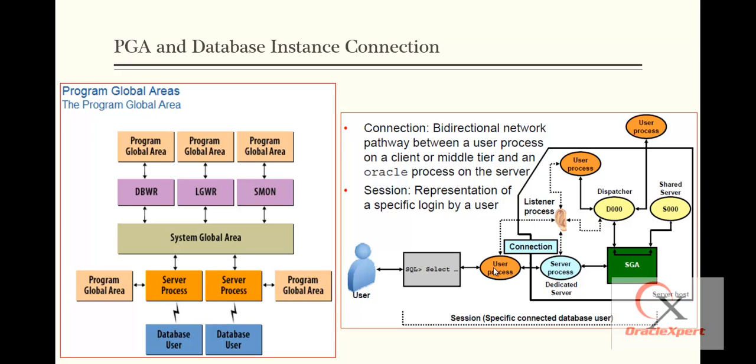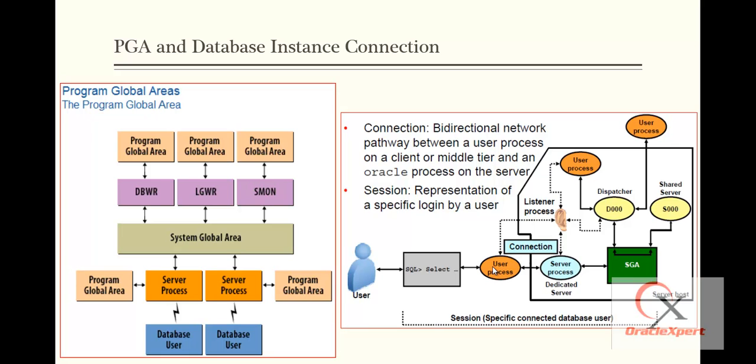The instance then starts a new server process which is dedicated to this particular user process. It passes the address or the listening location of this server process back to the listener.